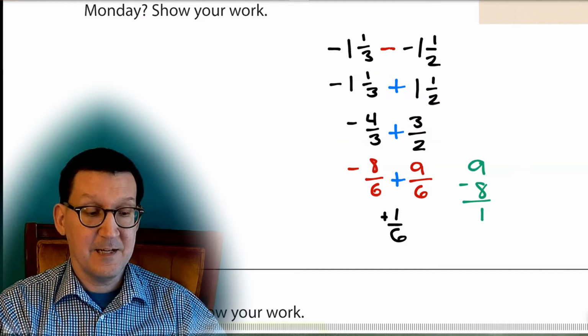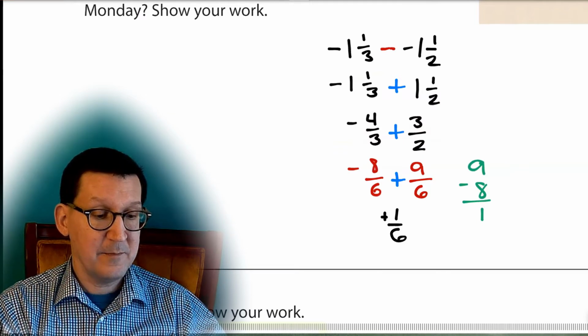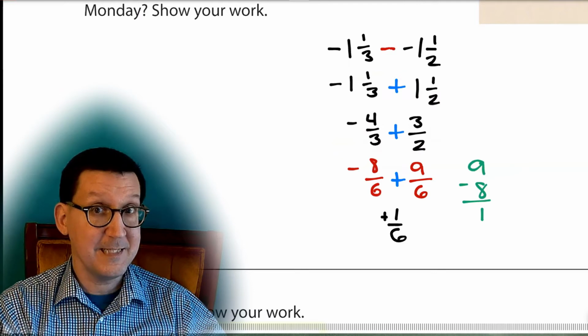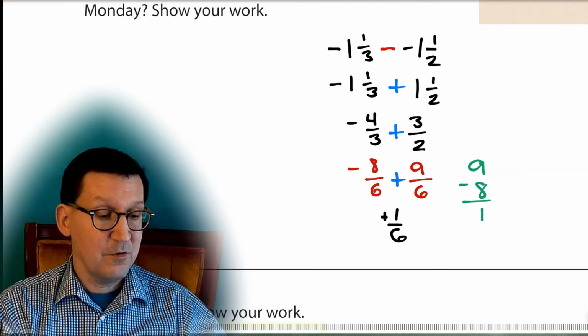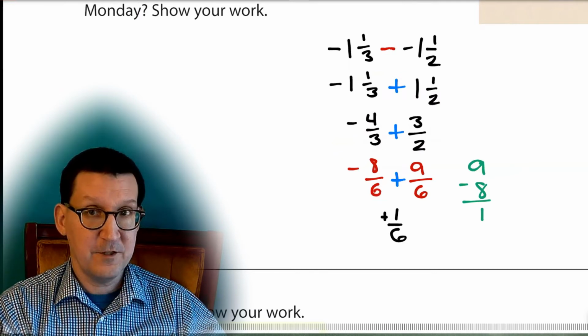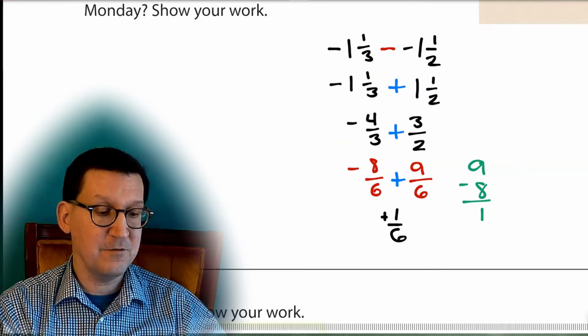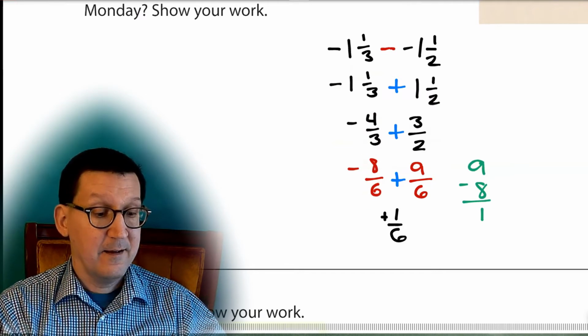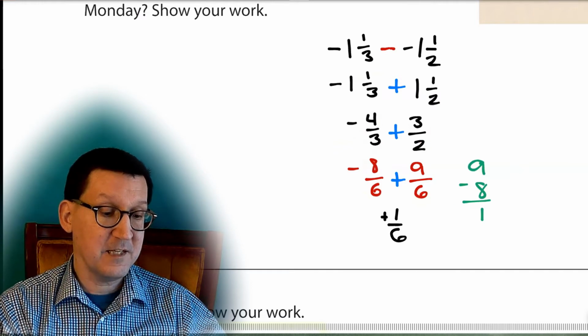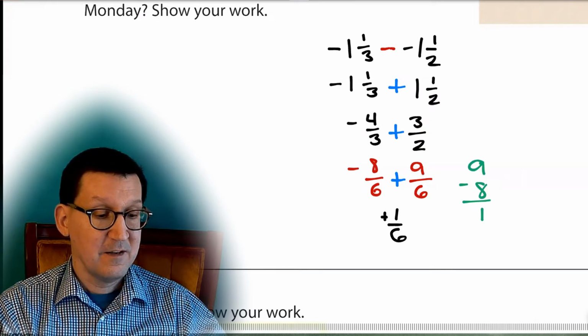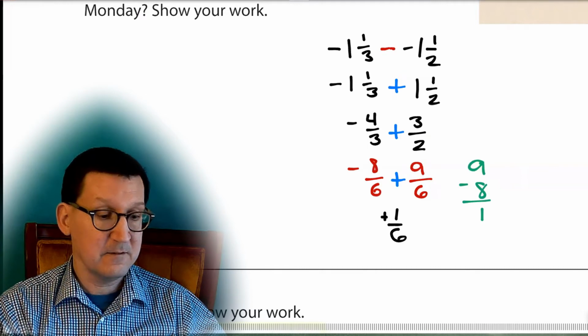Now we got to get that common denominator. And the common denominator between 2 and 3 is going to be 6. So to get from 3 to 6, you multiply by 2. So if 3 times 2 is 6, 4 times 2 is 8. That gives you negative 8/6. And if 2 times 3 is 6, 3 times 3 is 9. So that gives you 9/6 over here.